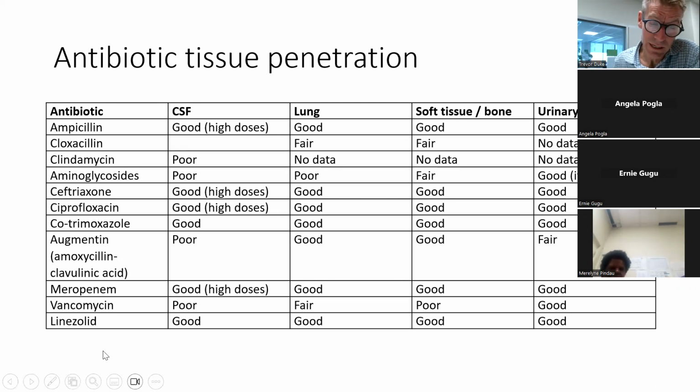And there is some good data on the penetration of antibiotics in different tissues. I won't go through all that with you, but that's in a way why we choose antibiotics to be part of standard treatment, is that they've got good penetration for the infection that we're choosing it for. So, yeah.